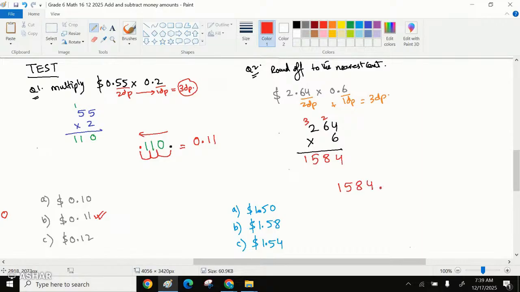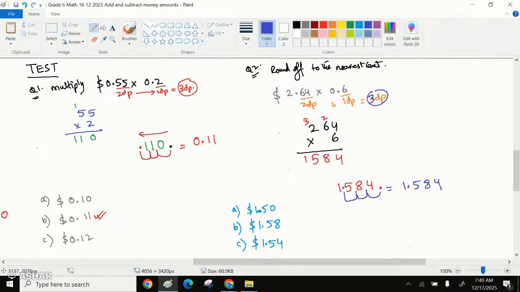Decimal is over here. How many places did we have to move? We had to move 3 decimal places. We move 1 place, we move 2 places, and we move 3 places. That means our answer comes out to be 1.584. The question says round off to the nearest cent.